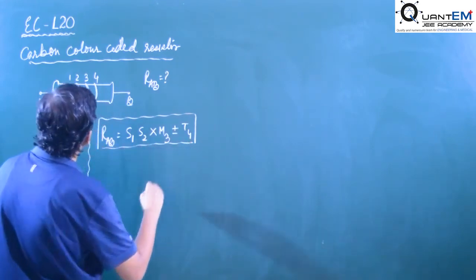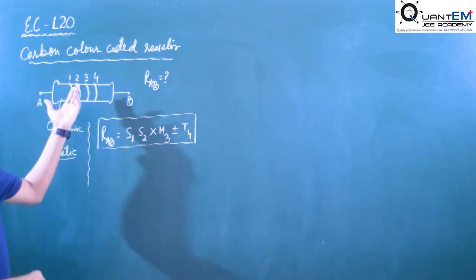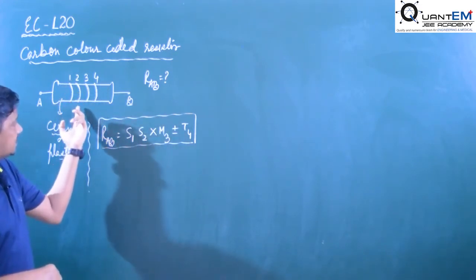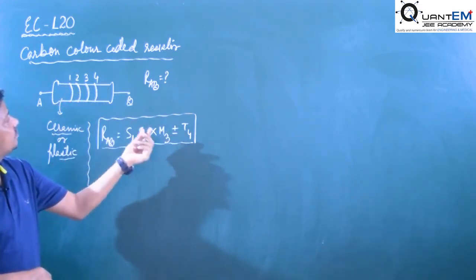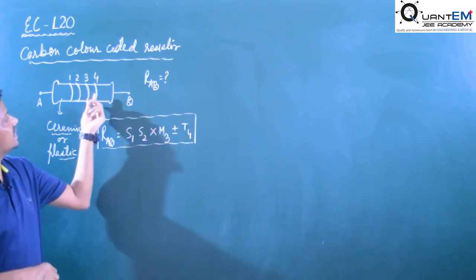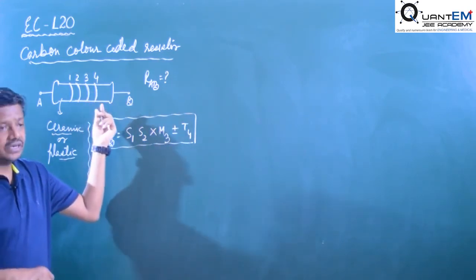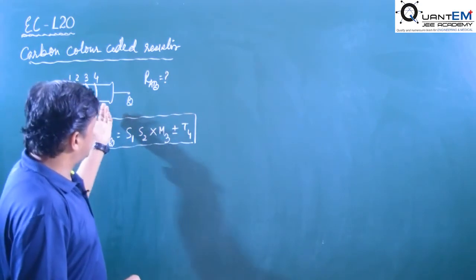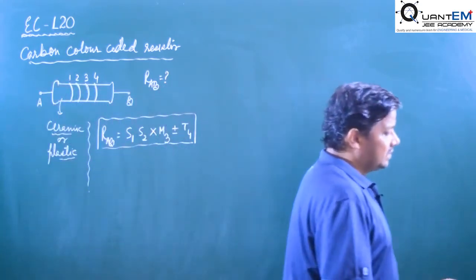S1 is the significant value of the first color, S2 is the significant value of the second color, M3 multiplier of the third color, and T4 it is the percentage accuracy, that is also called tolerance of the resistance.